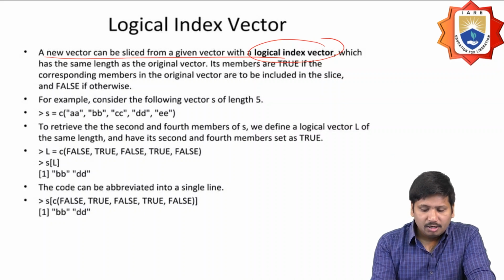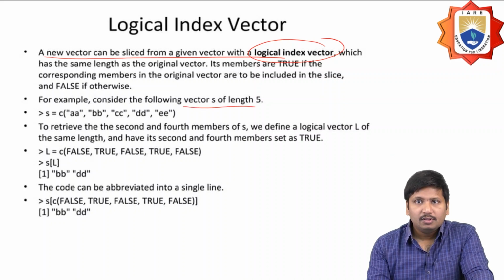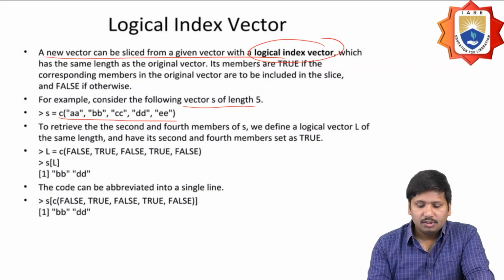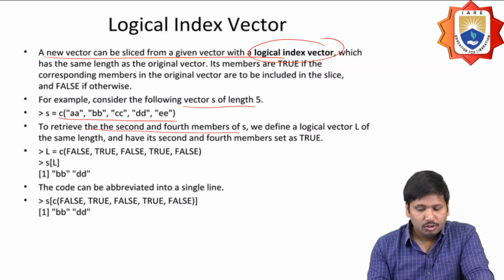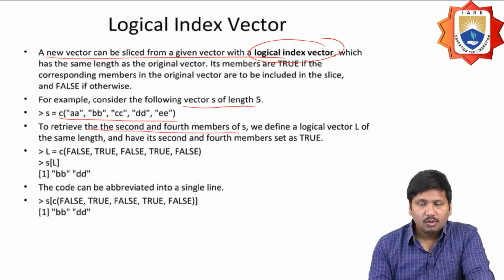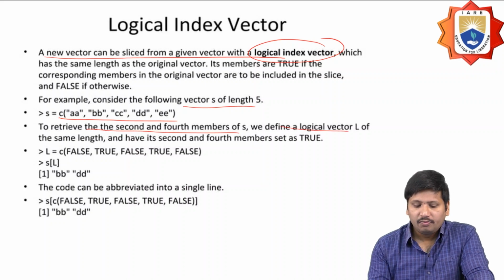Suppose we consider a vector of length 5. So I'm going to have a, b, c, d, e. In order to retrieve the second and fourth members of S, we define a logical vector L of the same length, and its second and fourth members should be set to true.